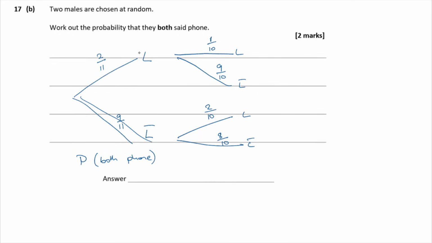That means not laptop, not laptop. So it's going to be 9/11 times 8/10, which is what? 9 times 8 is 72, 11 times 10 is 110. So that's 72 over 110.